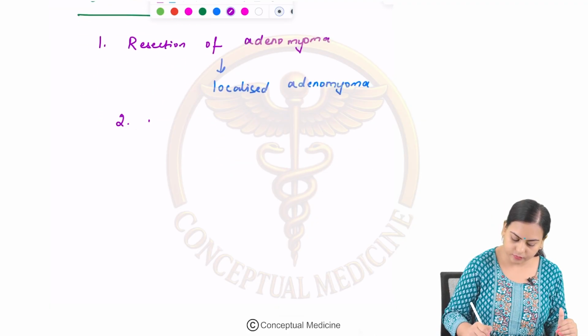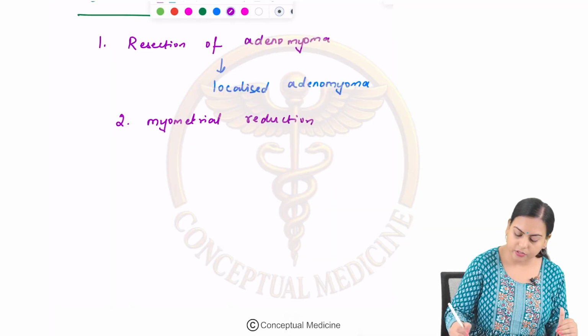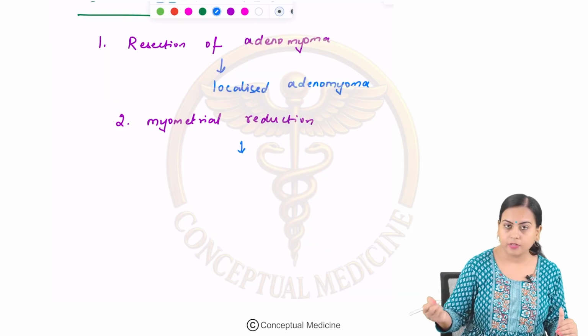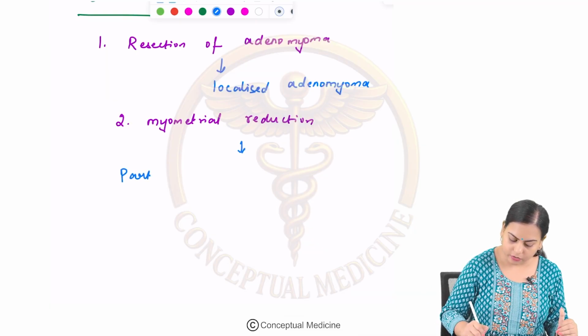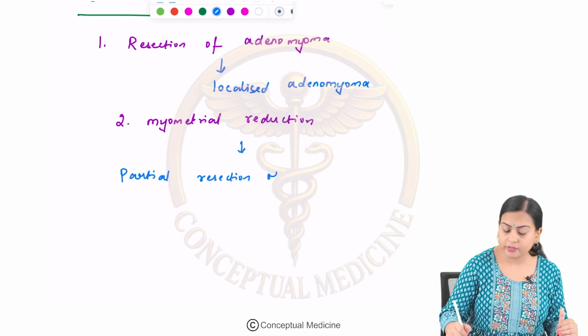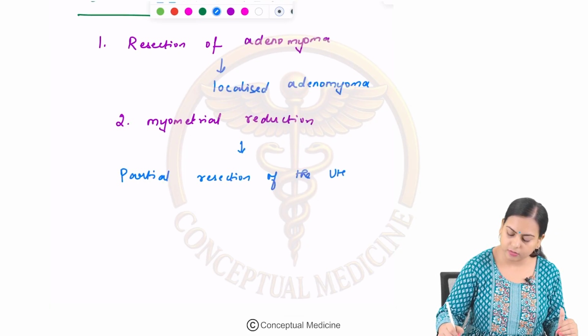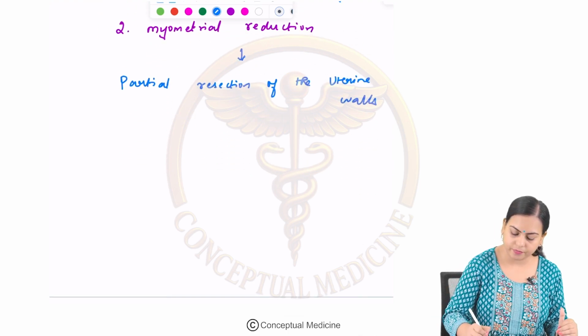Then you can go for myometrial reduction, that means partial resection of the uterine walls. Clear?